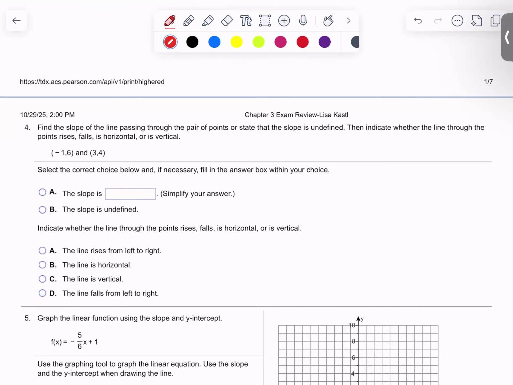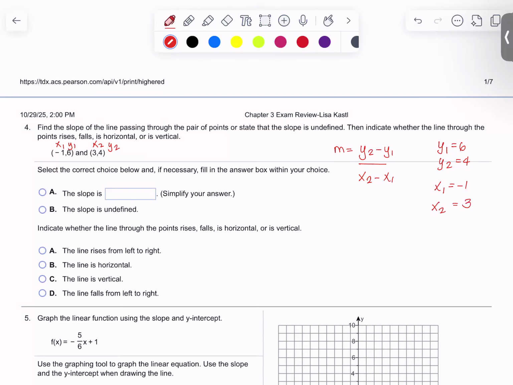Okay, to find the slope, we take the change in y's over the change in x's. So I'm going to let this first point be x1, y1, and the second point be x2, y2. So in my formula, y1 is 6, y2 is 4, x1 is -1, and x2 is 3.